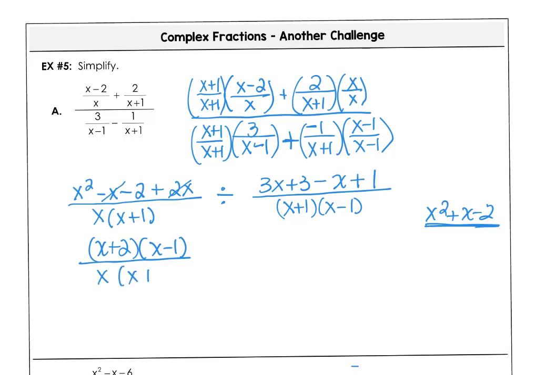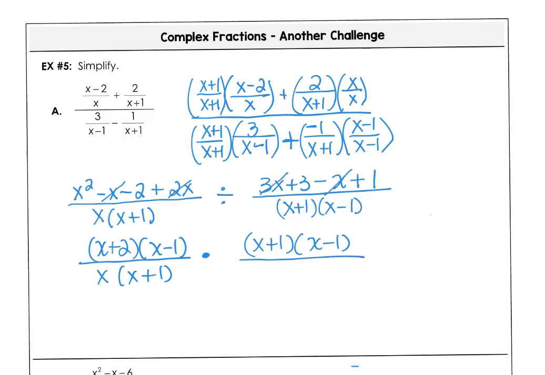And then that denominator on the bottom. And then if we multiply by the reciprocal, so we have the x minus 1 and the x plus 1 from the denominator is now in the numerator, and we've got 3x minus x, so that's 2x plus 4. In fact, that can be factored, so we want to take the 2 out, so 2x plus 4 can be factored as 2 times x plus 2.